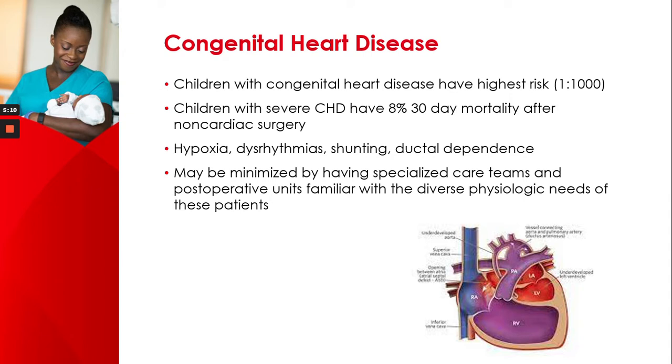And then patients that are dependent on a duct for circulation or a shunt for circulation are at risk for systemic and pulmonary imbalance, where the blood can be shunted improperly to either the lungs or the systemic circulation at the expense of the other circulation, which can cause either hypoxia or low cardiac output and ischemia.